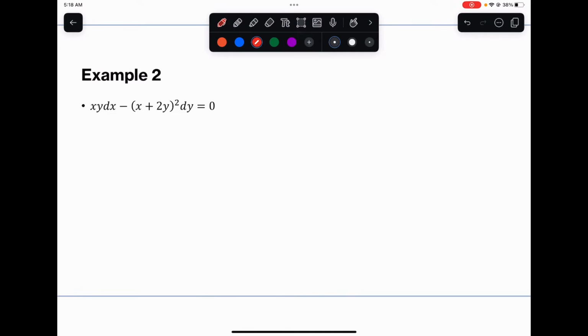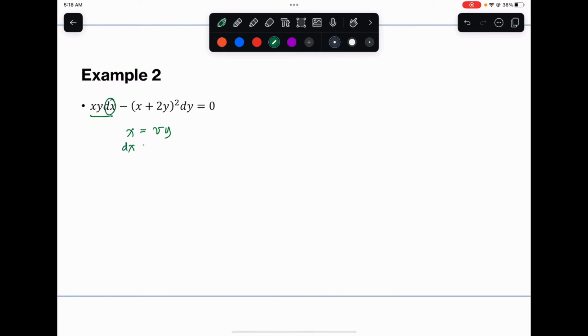So we have xy dx minus x plus 2y raised to 2 dy is equal to 0. Which is less complex? It's xy dx. So this is our clue, it's the dx. So we're going to substitute x to be equal to vy.